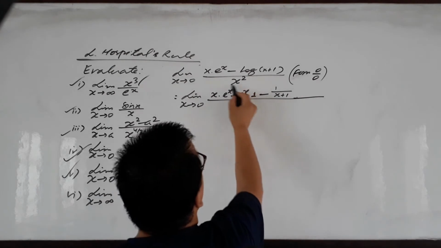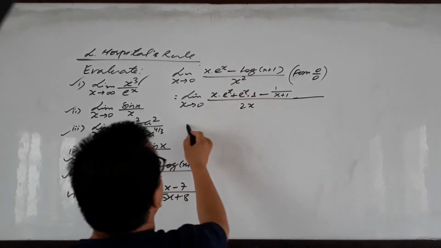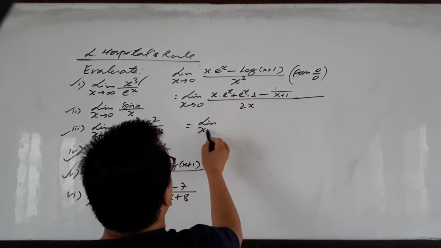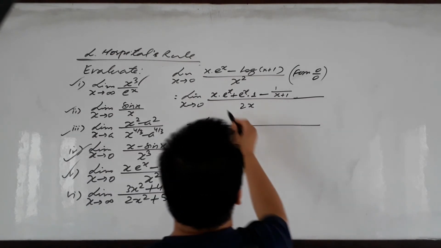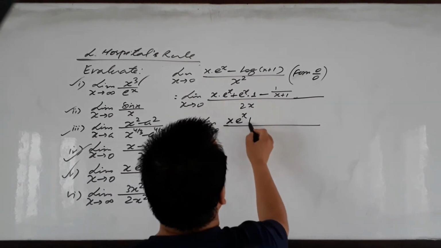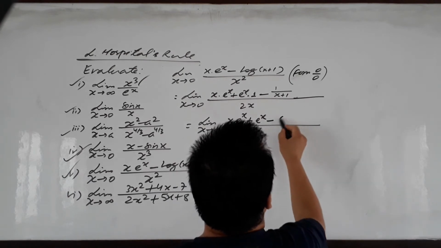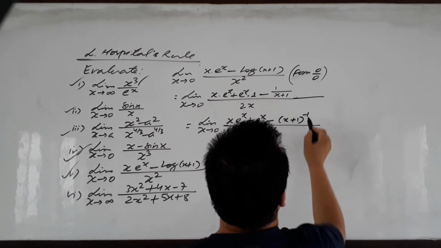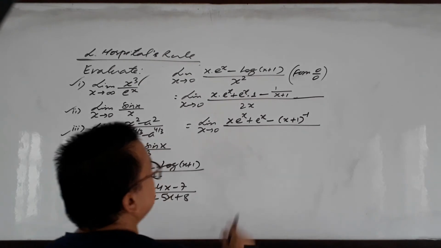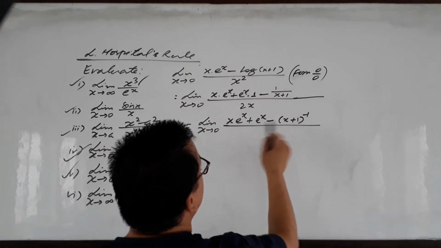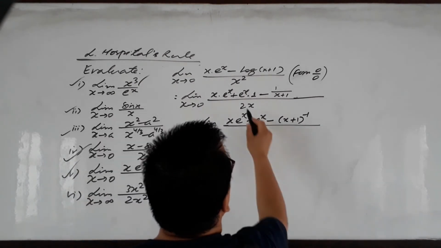And the derivative of x square is 2x. This one is a little bit difficult. So we have x e^x plus e^x minus, and I am writing x plus 1 minus 1. If you do it this way, it will be easy for you to find the derivative.